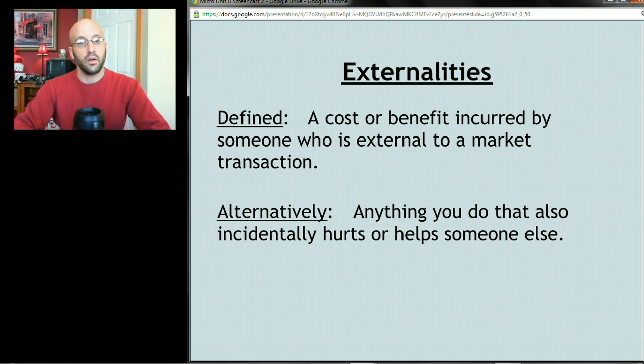Is it the case that by buying this cup of coffee, I'm supporting the exploitation of workers in some third world country? If that's the case, then my drinking this coffee and my buying the coffee involves a kind of externality. The word externality has the word external in it. It means that you're doing something that affects someone or something external to your transaction, to what you're doing.